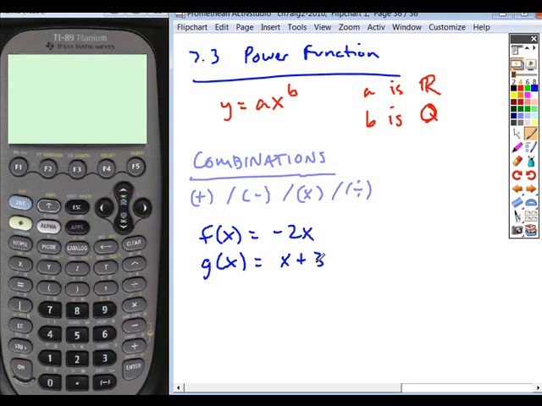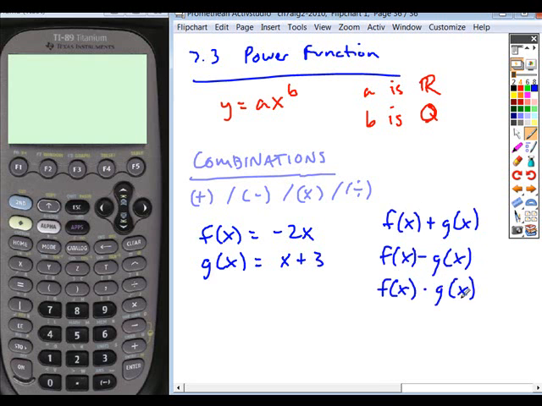Then it'll ask you to find these different combinations: f of x plus g of x, f of x minus g of x, f of x times g of x, and f of x divided by g of x.